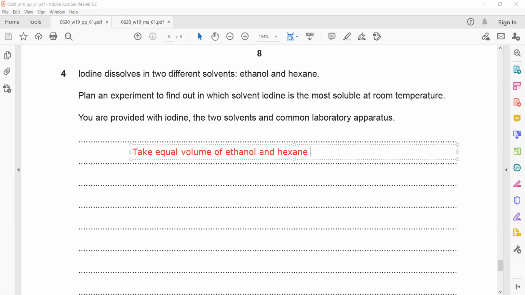In the exam you can mention the apparatus also, like a measuring cylinder or pipette or burette. Measure the mass of iodine by balance.